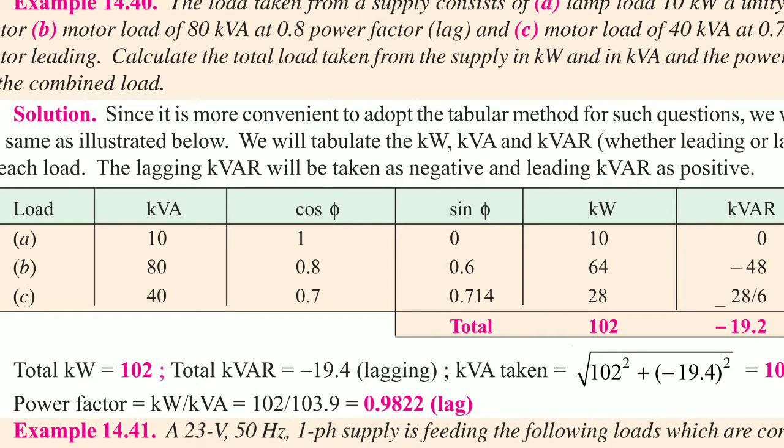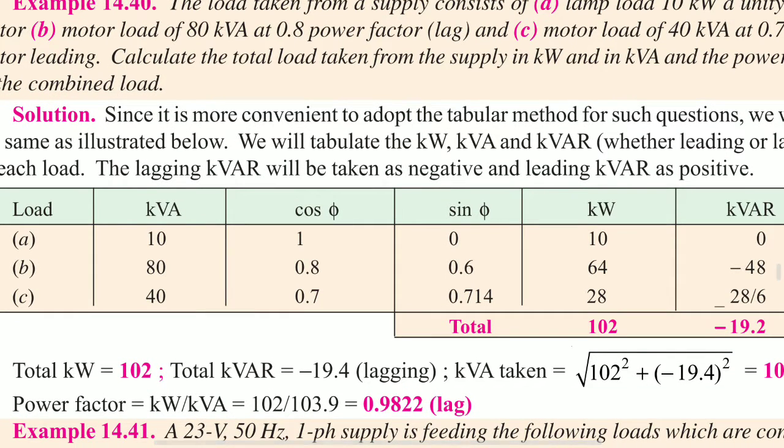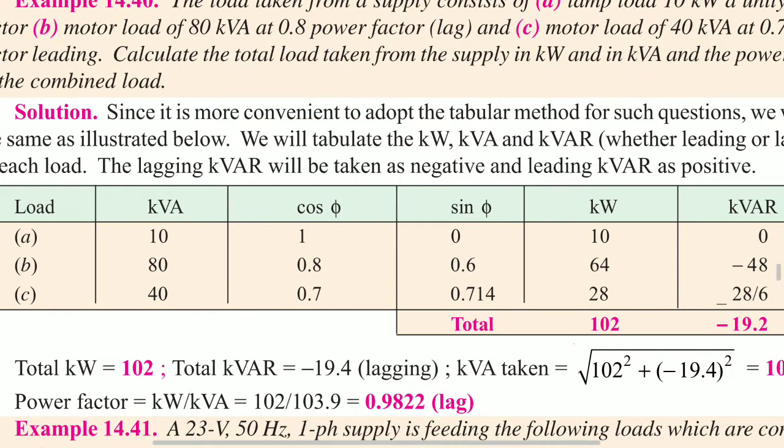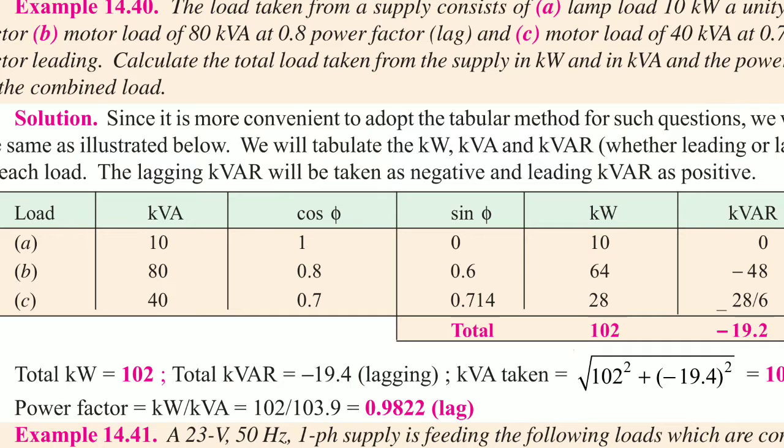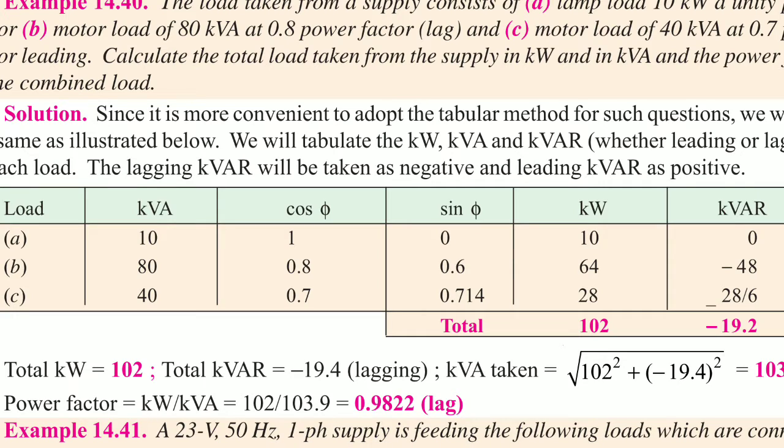Now how much kW? kW is 80 kVA into 0.8 power factor, which gives 64 kilowatts.